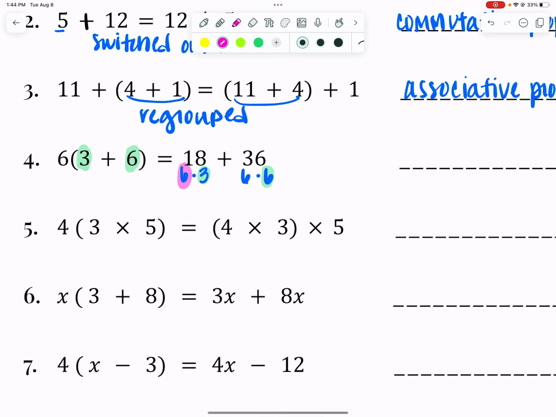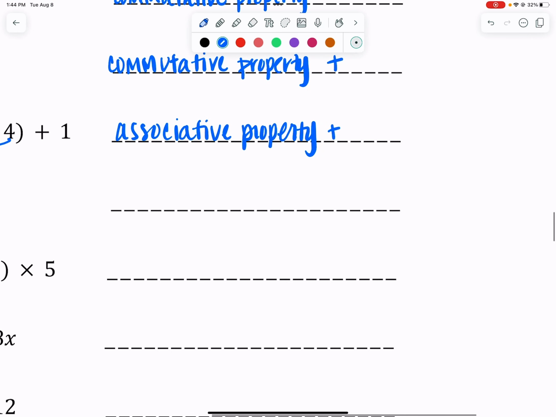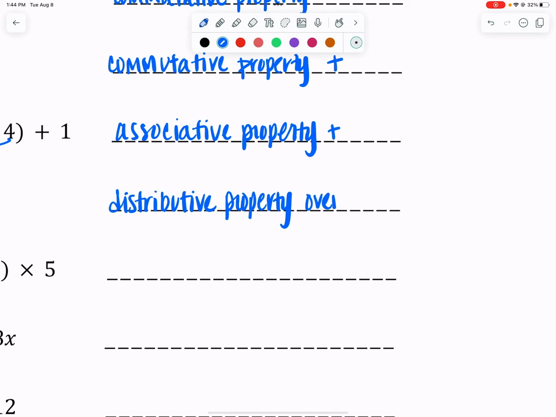And I see this guy out here. Well, that looks like what we very recently talked about in the distributive property. And they're both multiplication. I'm just going to say over addition.